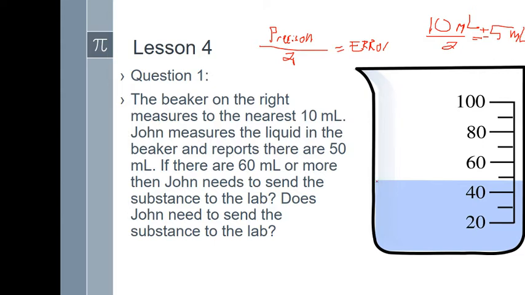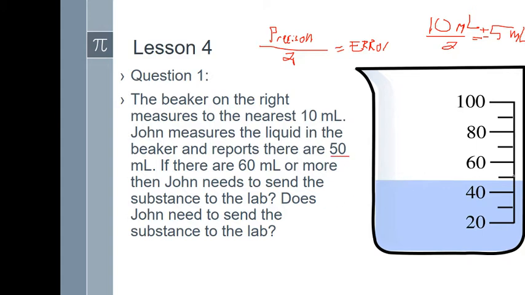So take a look at the liquid here. The reason John said it was 50 is because each tick mark represents 10. So here's 30, 40, there's 50. He looked at these two lines and said it's closer to 50 than it is to 40, so I'm going to call it 50 milliliters, just like we would do in your measuring.